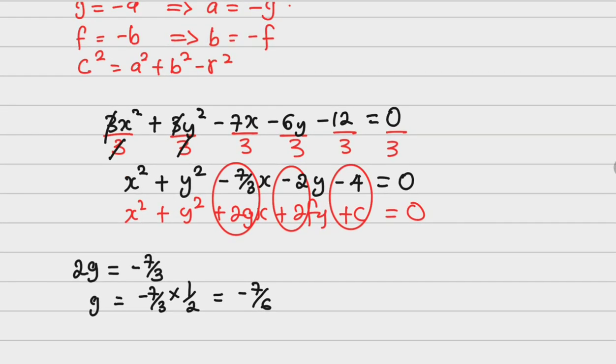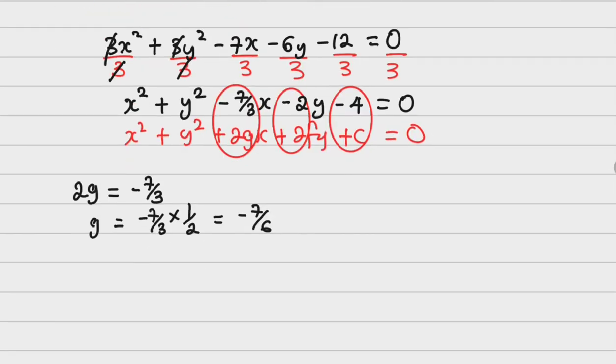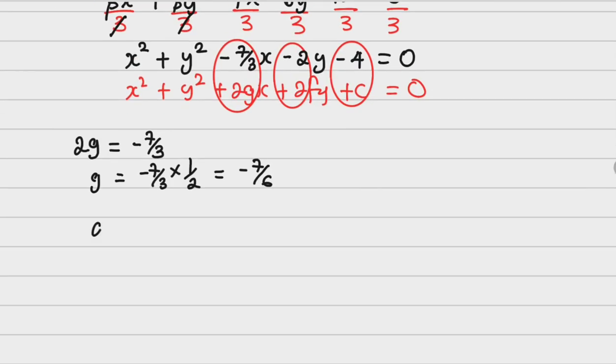And because of this expression, then I can have my a to be equals to minus g, which is going to be minus into minus 7 by 6. So my a is 7 over 6. So I'm done with a.